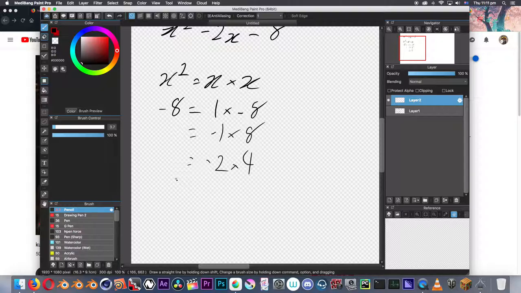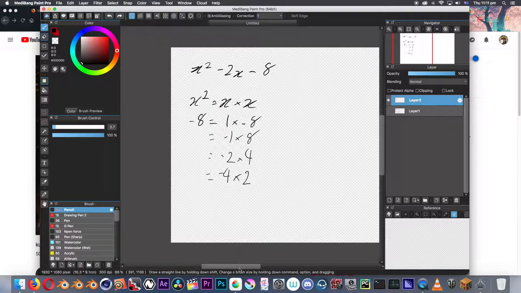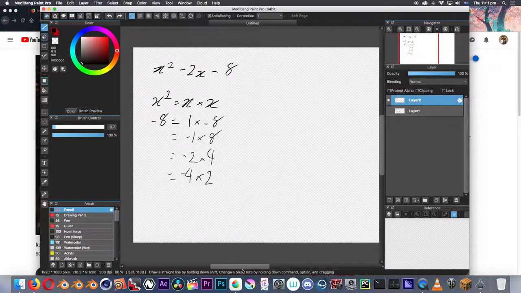We can always do the opposite. I think this is all the combinations, or the factors, we can come up with for -8.